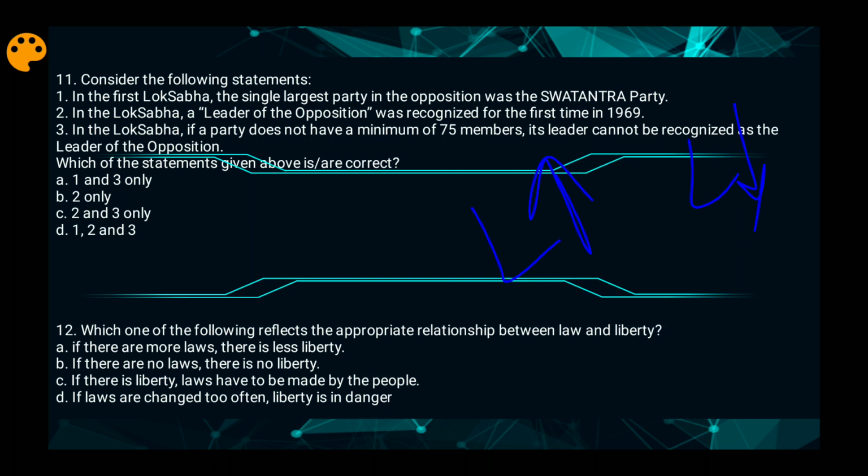Statement B: if there is no law, law is zero, then there will be no liberty. So statement 2 is the most appropriate answer. And that's all for this video, and we have covered up to 12 questions in this particular video. Thank you very much.